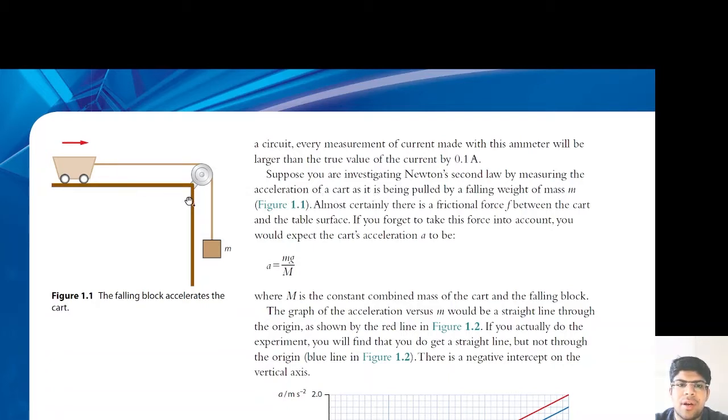Here we have the cart. We measure the acceleration of the cart as it is being pulled by a falling weight of mass m, in figure 1.1. So here we have a block of mass m.